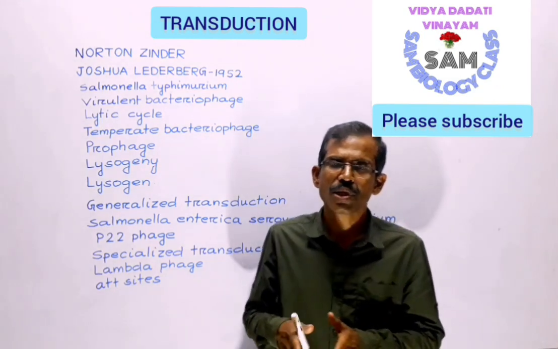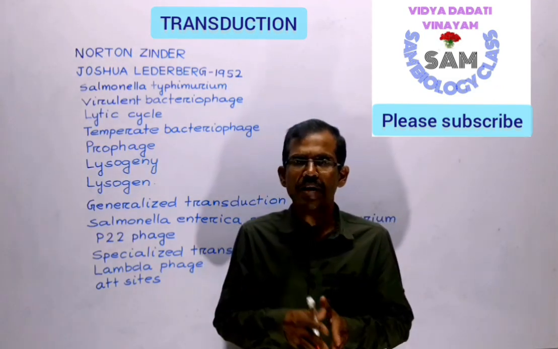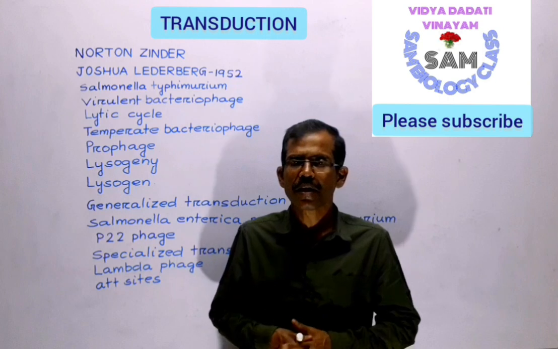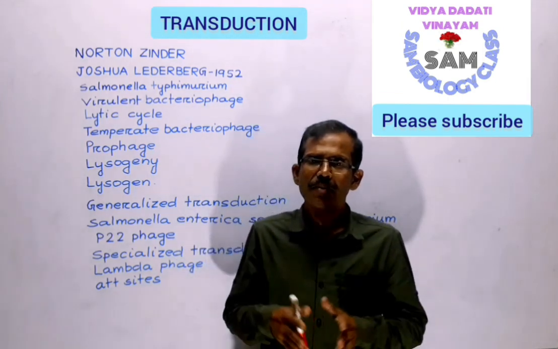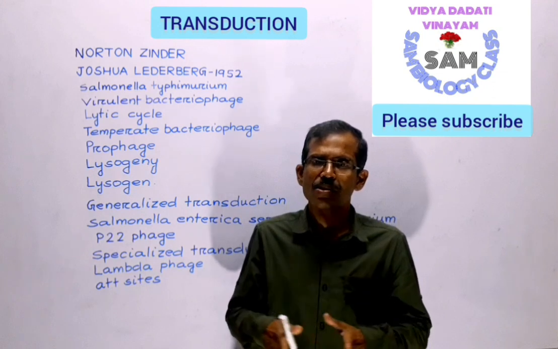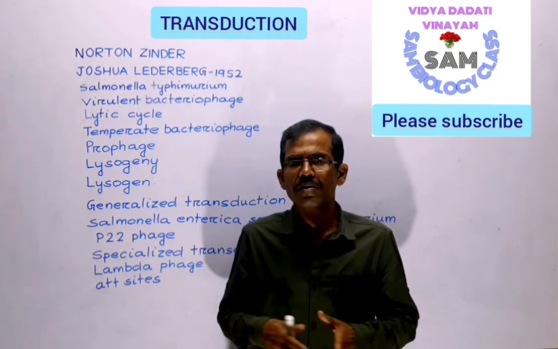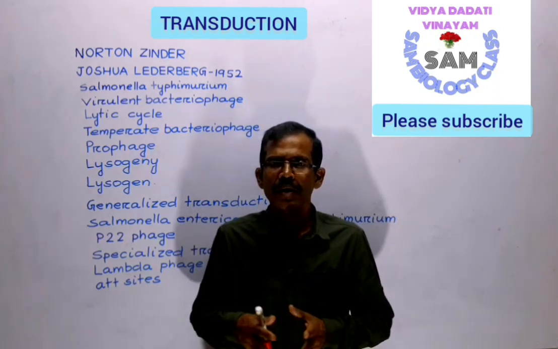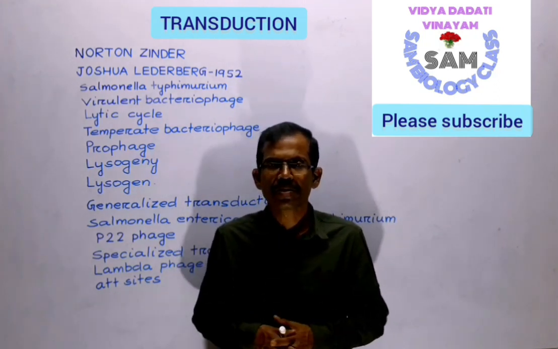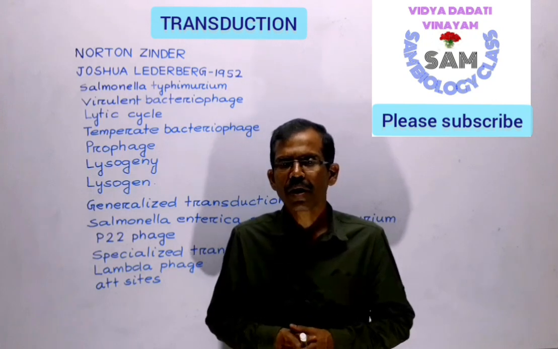This relationship between these viruses and the bacterial host is called lysogeny, and the bacteria that have been lysogenized are called lysogens. Temperate phages remain inactive for many generations in their host.